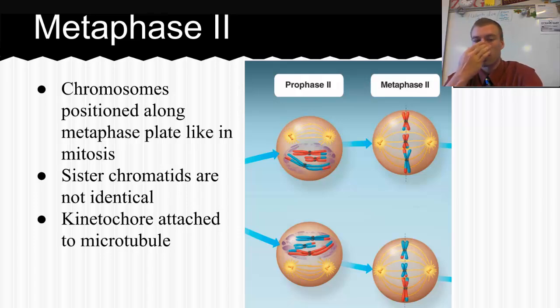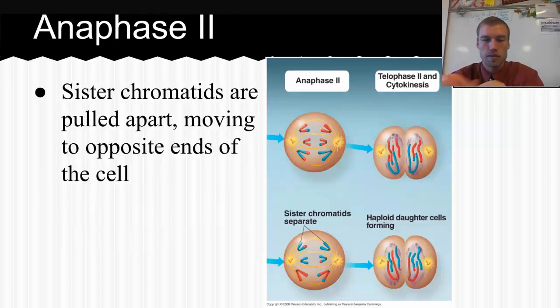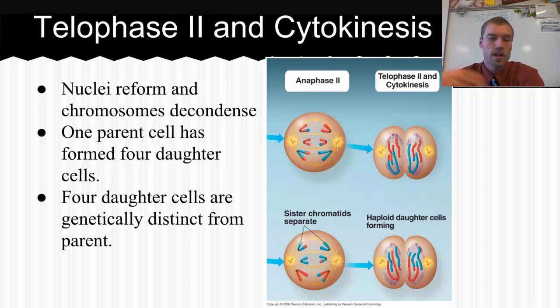We've got the centromere that lines up right along the middle, and then sister chromatids are going to be pulled apart like they are in mitosis, moving to opposite ends of the cell. They're going to decondense, form back into the chromatin, and reform your new daughter cells.